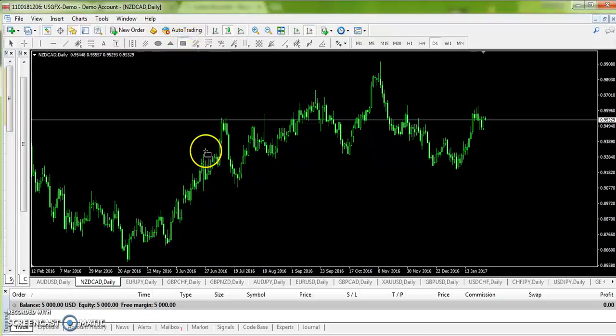In order to evaluate, I'm just putting marks for your convenience. This is the lowest point. After this lowest point, the market has this high. After this high, it has posted this low. So this is the lowest point, this is the high point, this is the higher low. Again, this is the higher high.